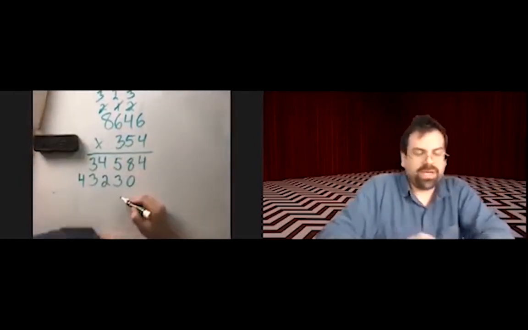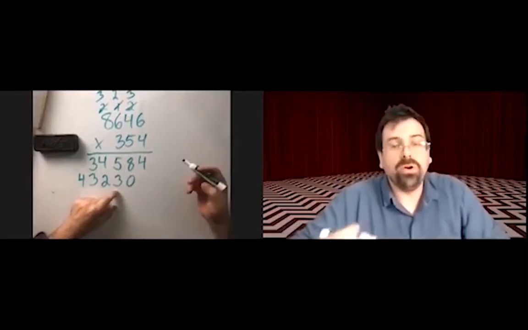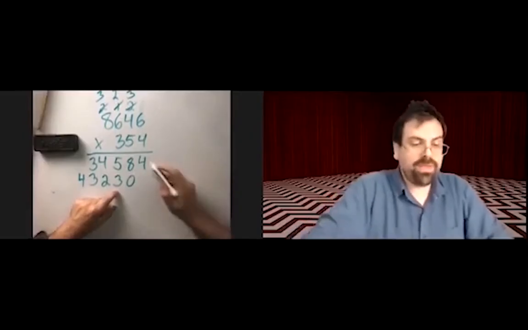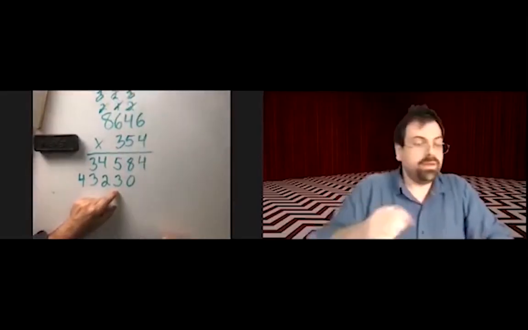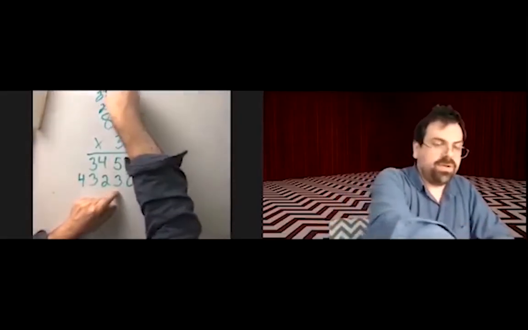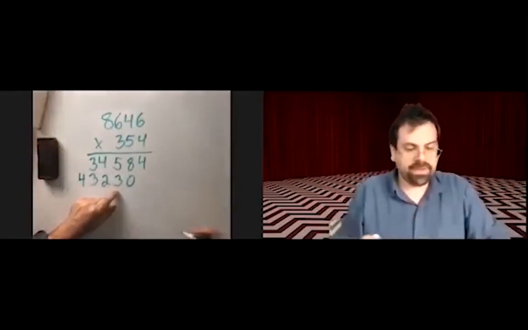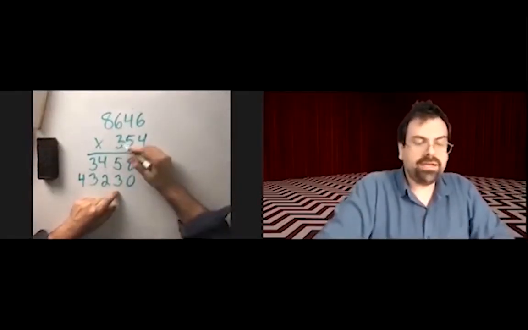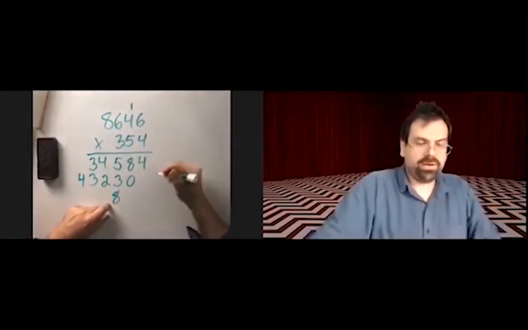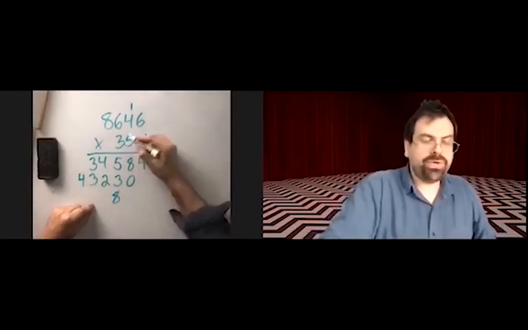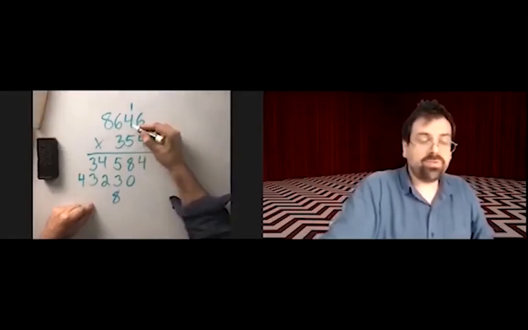So now under the 3, we have a third row. We're done with these carrying numbers. Let me actually erase those so we don't run out of space on the top. 3 times 6 is 18. Carry the 1. 3 times 4 is 12.